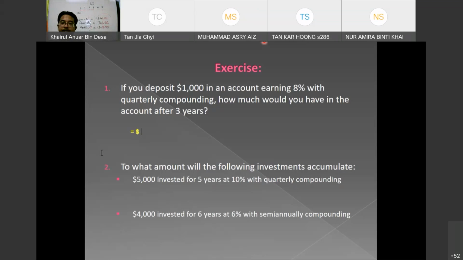Okay, what is the answer for number 1? Deposit 1,000, 8% compound quarterly, 3 years. I want to call Eric Tan. Eric, what is the answer for number 1?